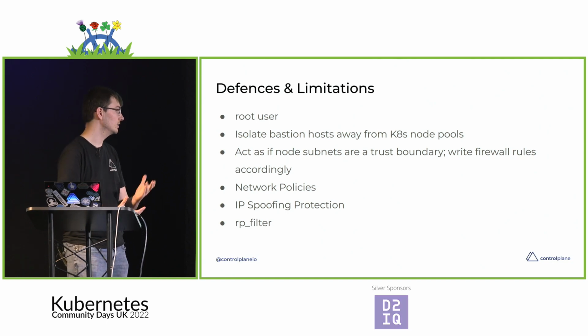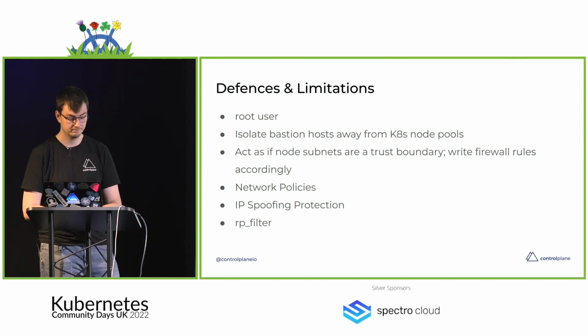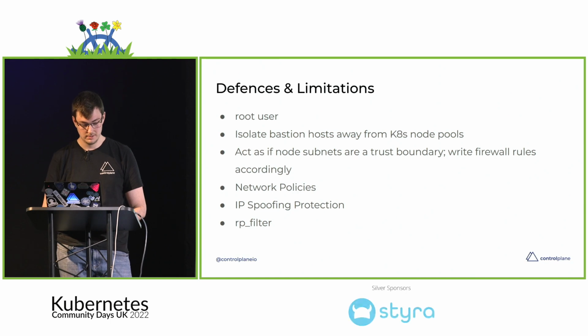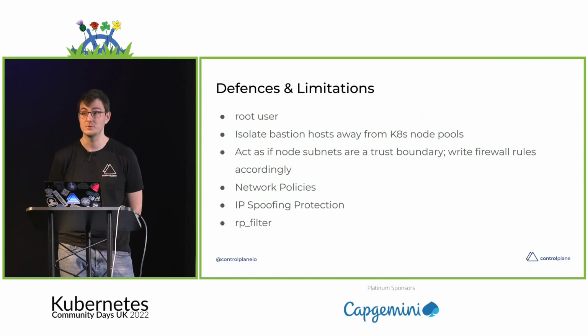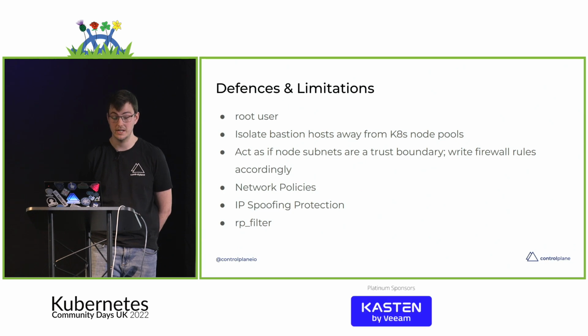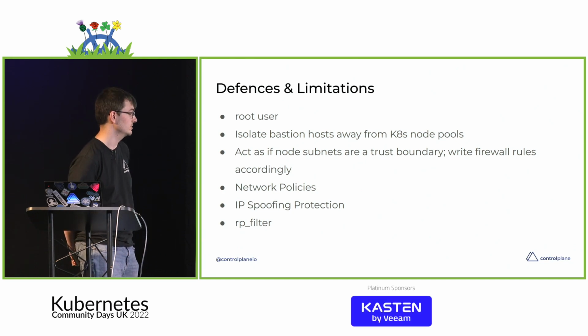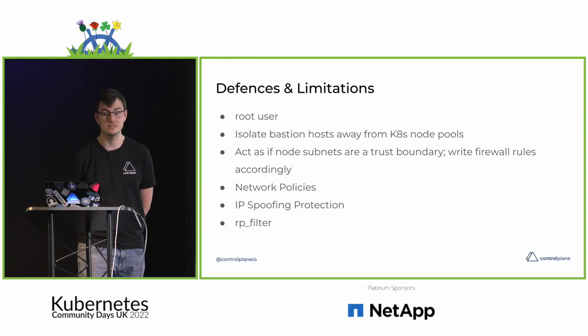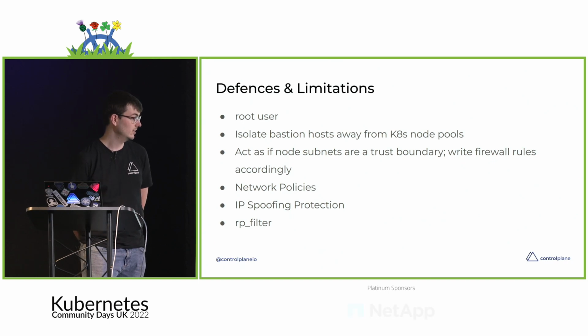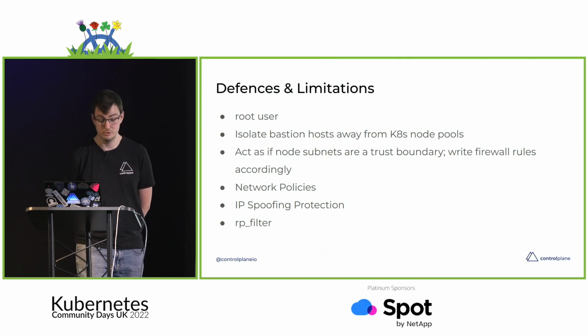It's a bit obscure, but it would prevent the attack. And then finally, make sure IP spoofing protection is turned on. RP filter is a kernel mechanism to prevent asymmetric routing, which you can turn to strict mode, but it may break other things.